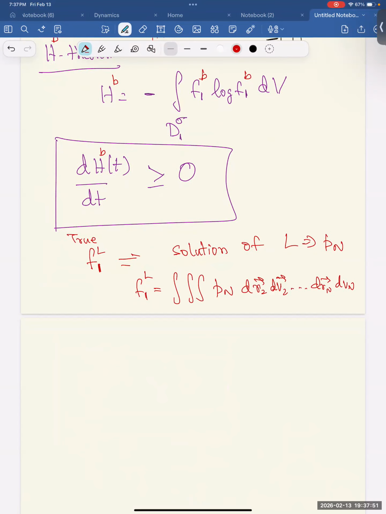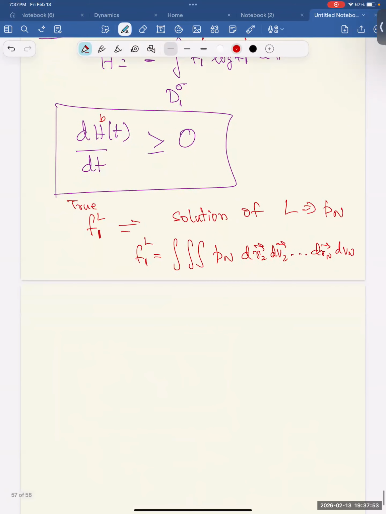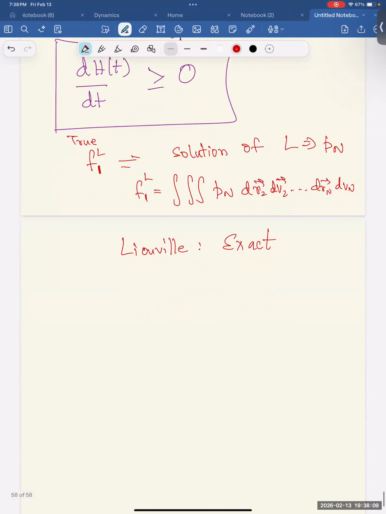So remember, the difference between F1L and F1B is because of all of the assumptions we made in deriving the Boltzmann equation, or in closing the Boltzmann equation, okay? So Liouville is exact, okay? The first BBGKY equation is also exact, right?